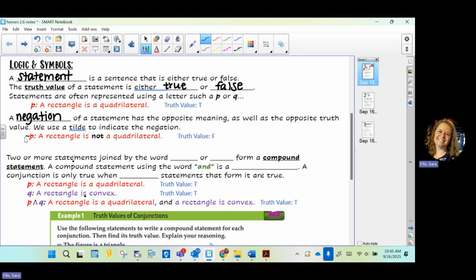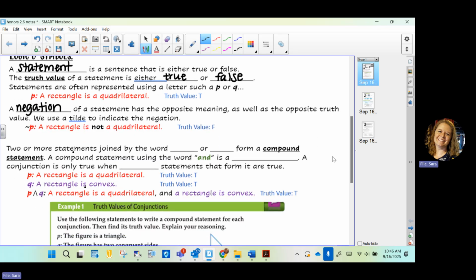So a tilde represents a negation. We read it as not. So I read this as not P: a rectangle is not a quadrilateral. And the truth value of that would be false, because the original statement P was true, so its negation must be false. Negations have opposite truth values. So far, so good?